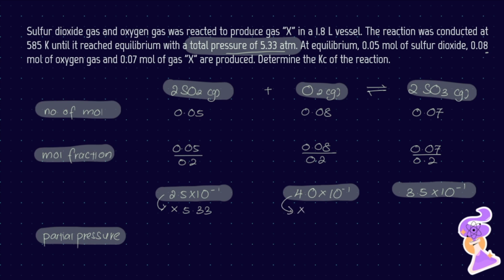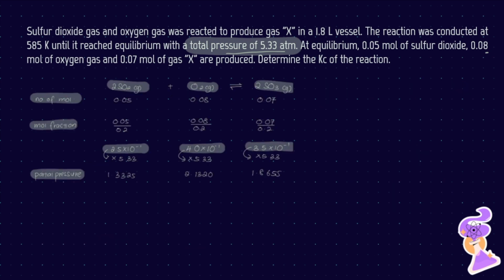Here is the same, times 5.33, and here also times 5.33. Therefore, you will get your partial pressure equivalent to 1.3325. The other one is 2.1320, and the last one will be 1.8655.